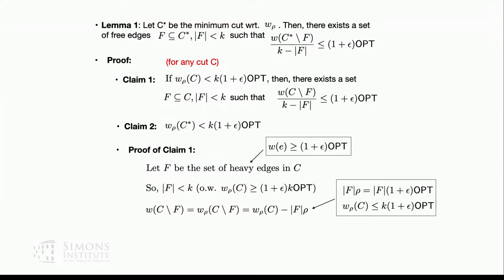And for this part, you can write rho as 1 plus epsilon opt. This is clear, I guess. But what I want to say is that if you follow each of these steps, then the weight of C minus F is going to be at most exactly K minus F times 1 plus opt, and that's the whole proof of the lemma.